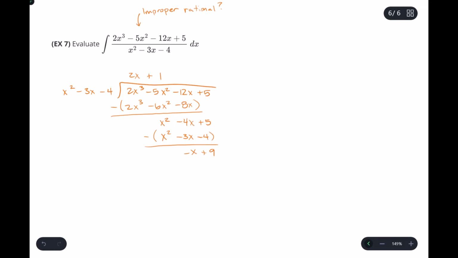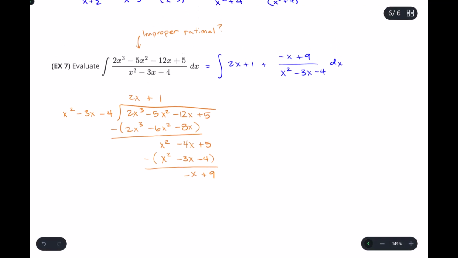So what I can say then is that this could be rewritten as 2x plus 1 plus negative x plus 9 all over the original denominator, x squared minus 3x minus 4 dx.